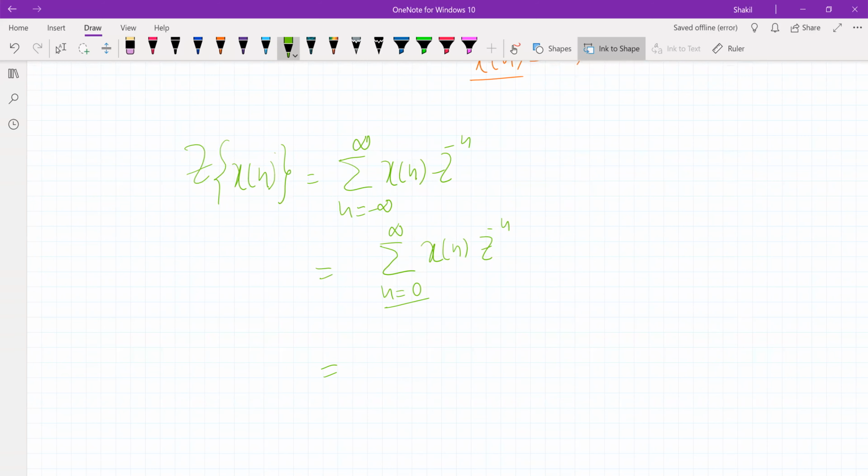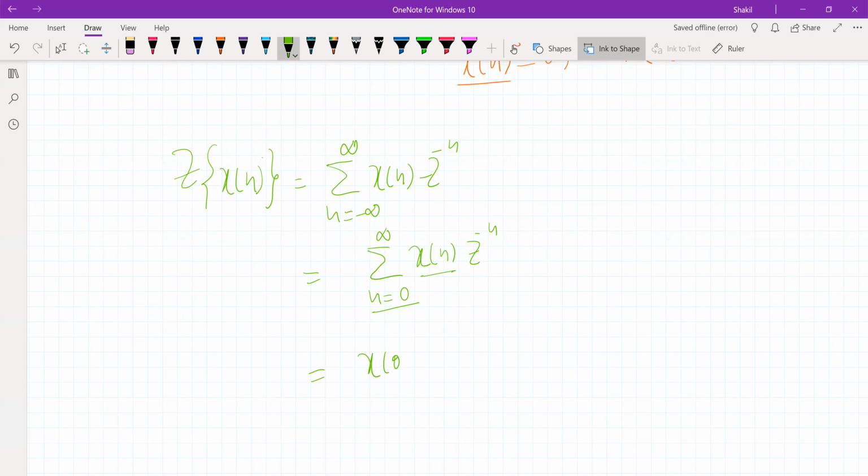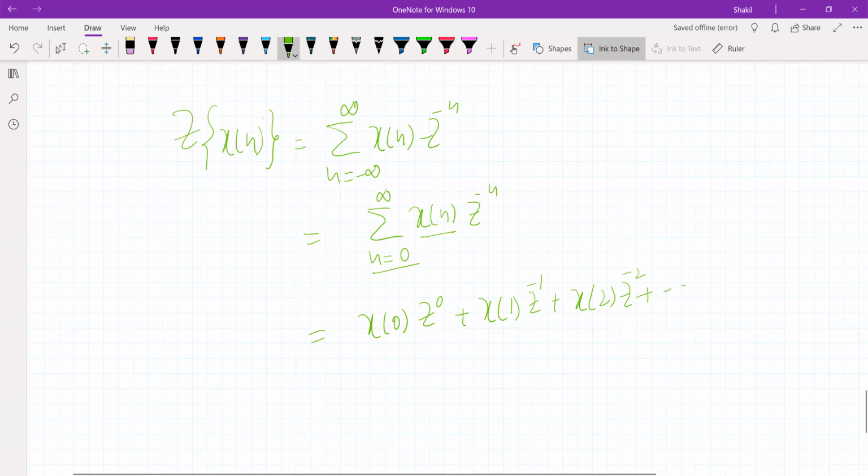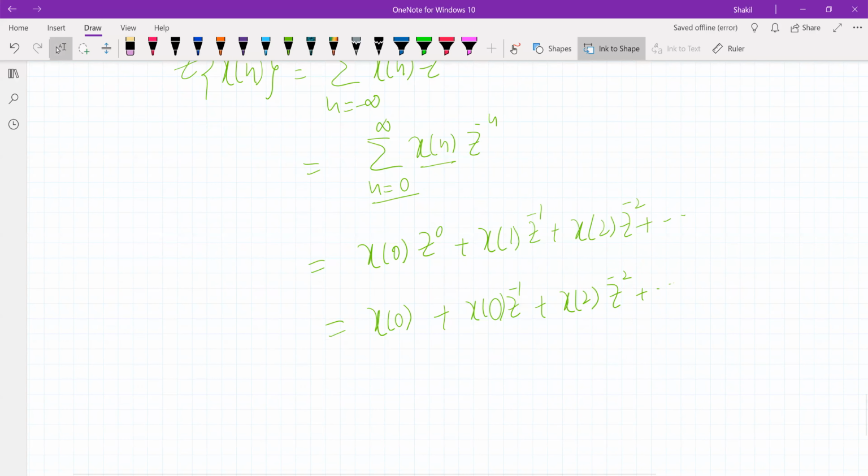Expanding this, it will be x of 0, plus x of 1 z to the power minus 1, plus x of 2 z to the power minus 2, and so on, for n equal to 0, 1, 2, 3. This is our X of z of the signal.